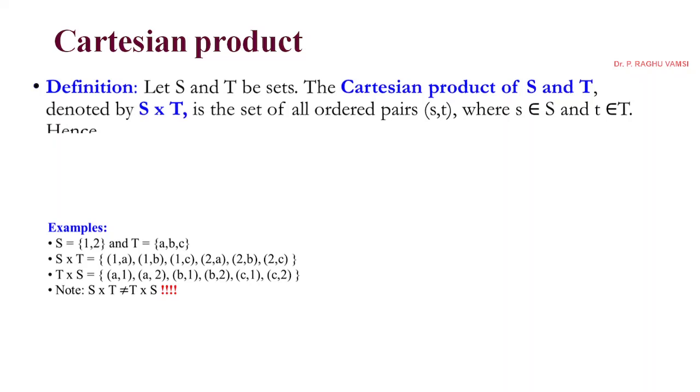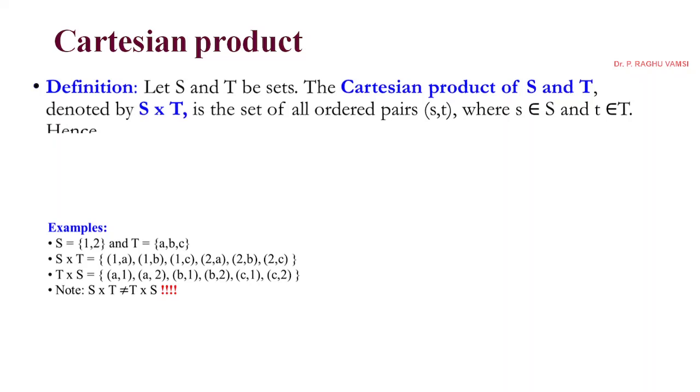The Cartesian product of S and T, denoted by S × T, just like your multiplication cross, is the set of all ordered pairs (s, t), where s belongs to S and t belongs to T. So here, because we got an idea of the n tuple, which is the ordered pair, the Cartesian product will give you the ordered pair of elements.